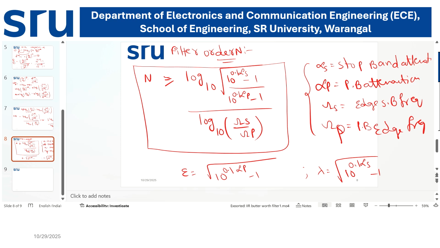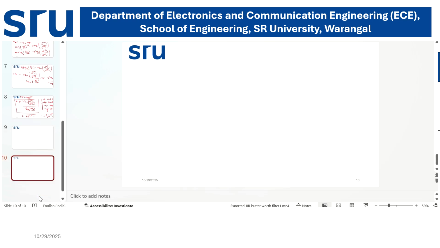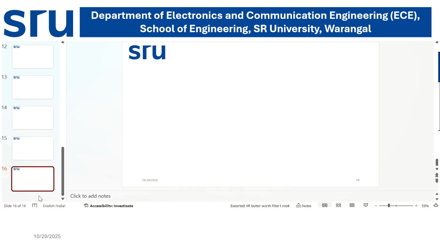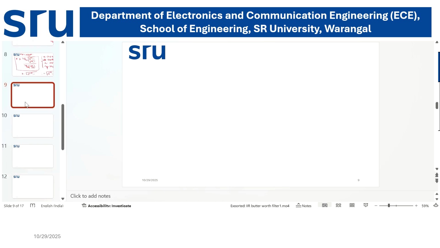If I substitute in the above equation, then one more formula for finding the n value is n is greater than or equal to log base 10 of lambda by epsilon divided by log base 10 of the stop band edge frequency to the pass band edge frequency.